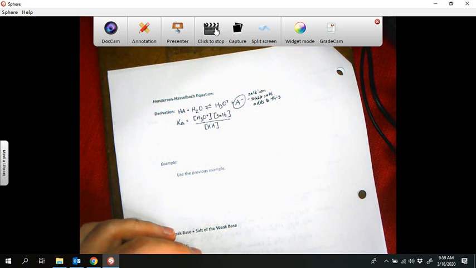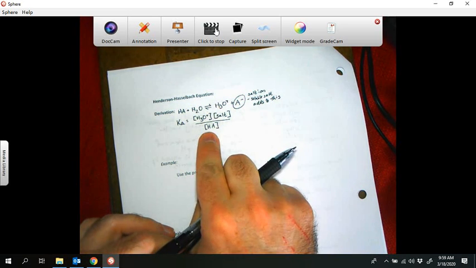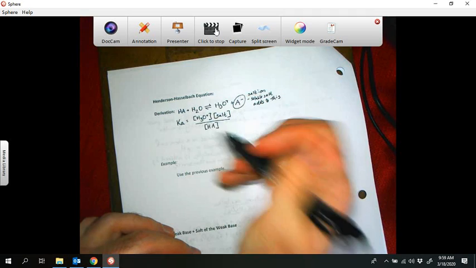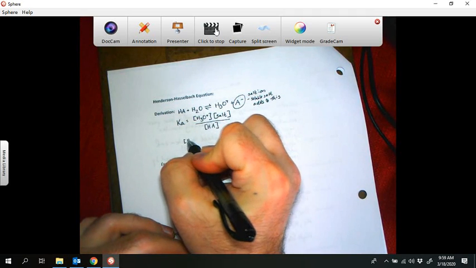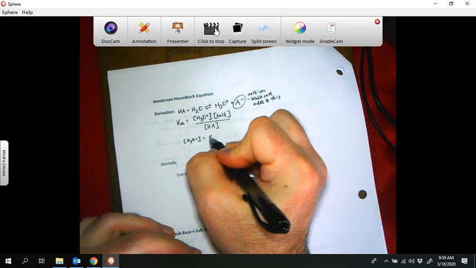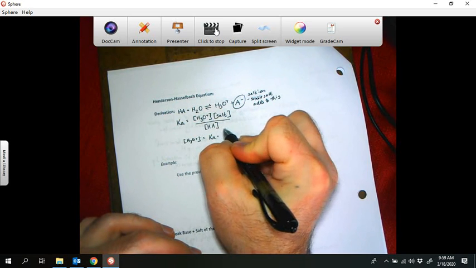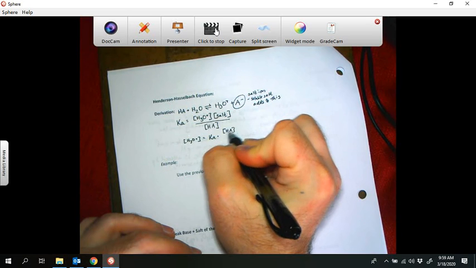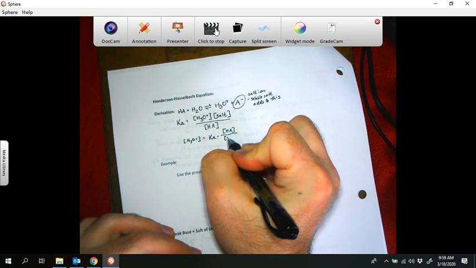If we solve this equation for H3O+, we get H3O+ is equal to Ka times the concentration of HA over the concentration of the salt.